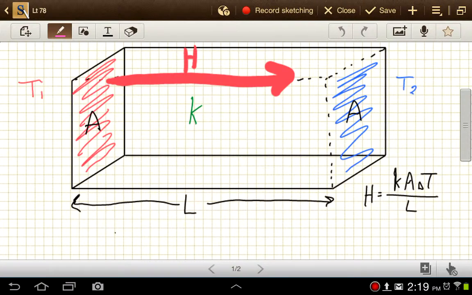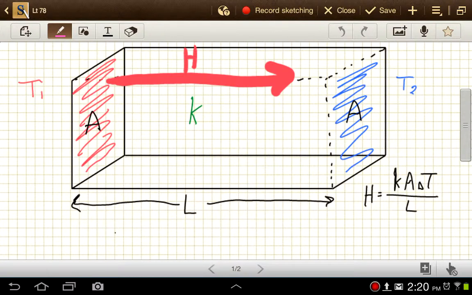K represents the thermal conductivity of the substance, so those factors that influence how rapidly heat flows within the material itself. So the density is a big one here, and then L for the length, the distance between the warm side and the cold side.